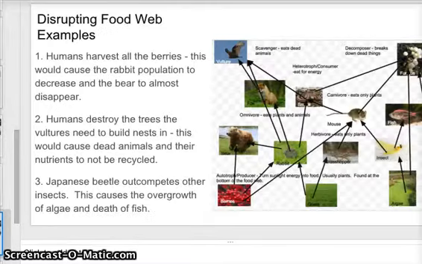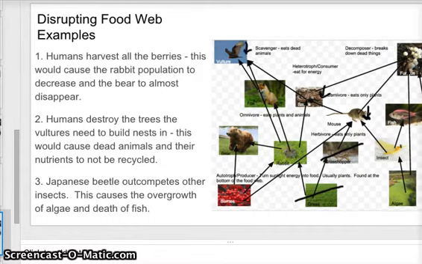So if we look at some examples here, if we take out the grass, then the grasshoppers are going to die off because that's the only thing they're eating in this food web, and then the mouse is going to decrease, and the snakes are going to decrease. So you see how it just kind of cascades, and vultures will decrease because we took that grass out.